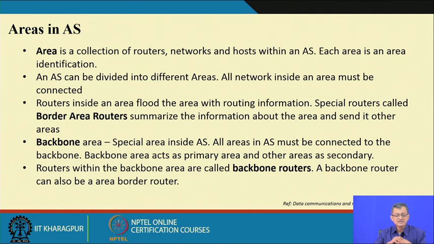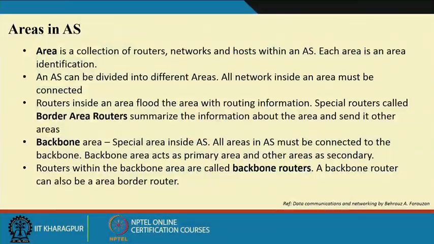So, routers inside an area flood the area with routing information. What we see is that the whole internetwork is divided into different areas, and routers within an area share information, or flood information, inside that area.